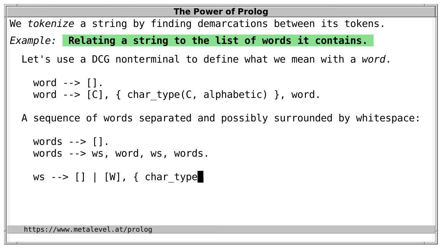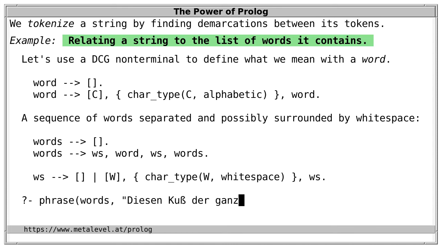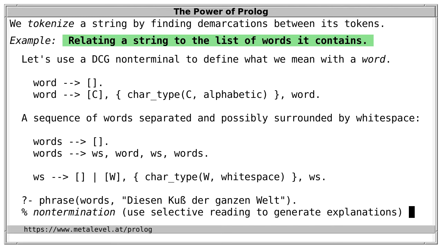So char_type comes in handy again to state W must have type whitespace followed by whitespace. And when we now ask, is it the case that this string is a sequence of words which are separated by whitespace, then we get non-termination. Why? Well, we can again use selective reading to generate explanations, and I leave this as a challenge.